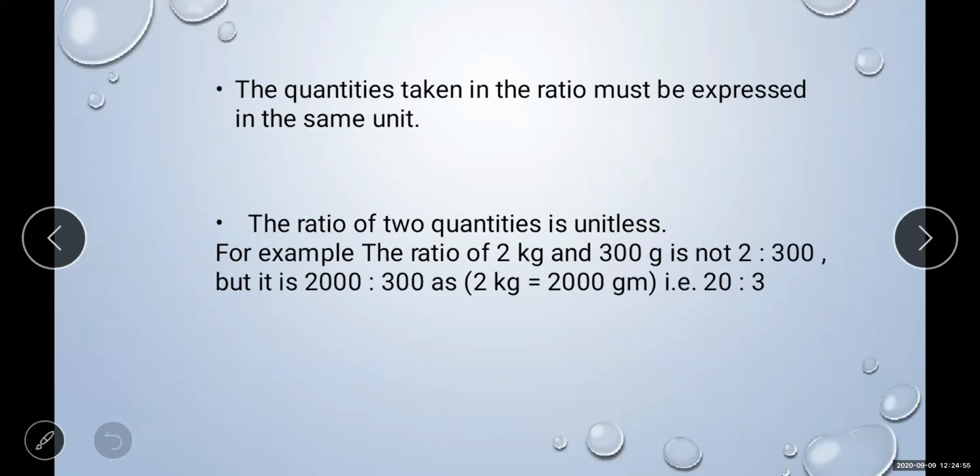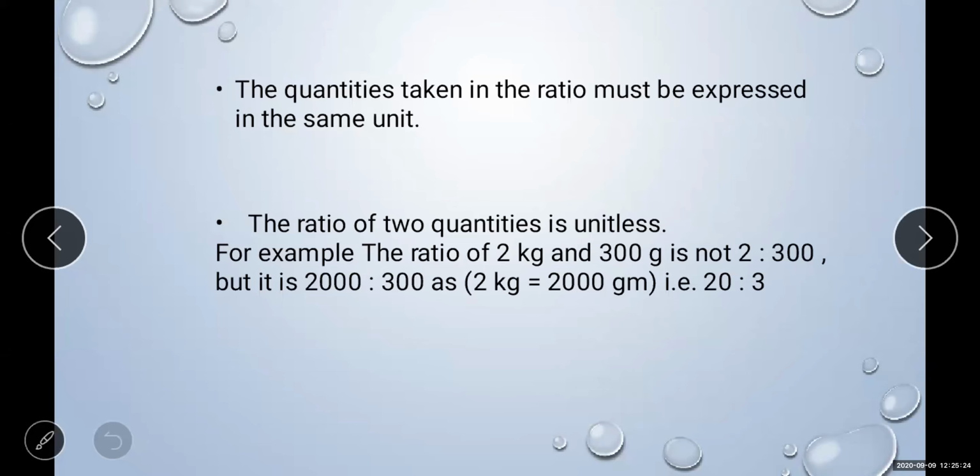No, we can't compare them till both numbers are in the same unit. Can we compare rupees and paise directly? No. If you convert the rupees into paise, then we can compare paise with paise. Otherwise, if you change paise into rupees, then we can compare rupees. So both quantities should be expressed in the same unit.